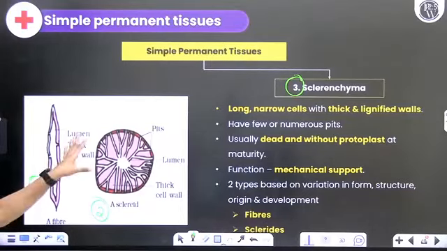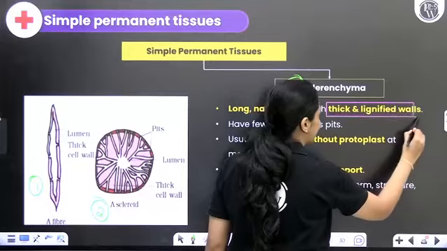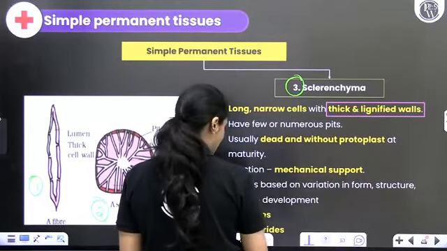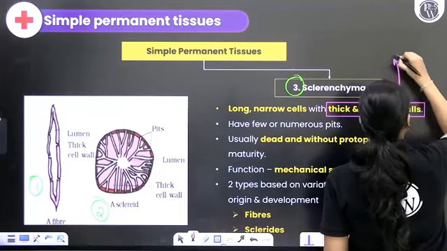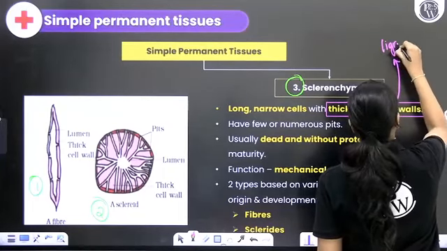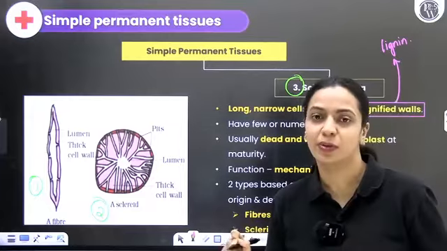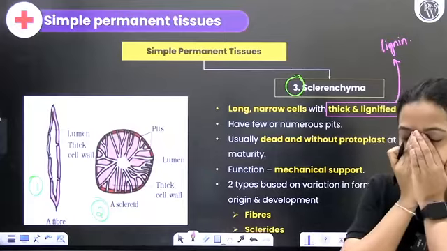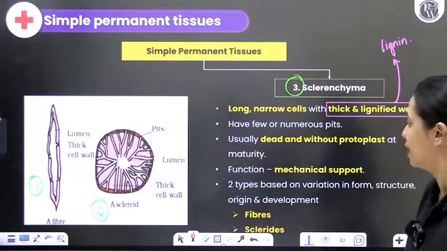Okay, so these are generally long and narrow. They have thick lignified walls. Lignified walls means in the cell wall, lignin is present. Similar to how I said pectin is present in collenchyma, lignin will be present in sclerenchyma.